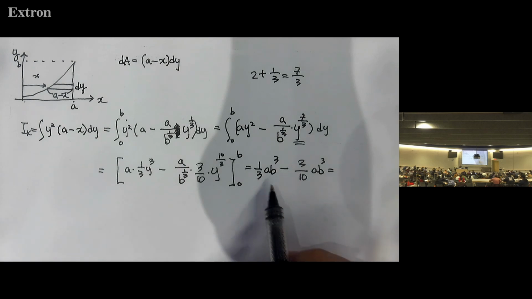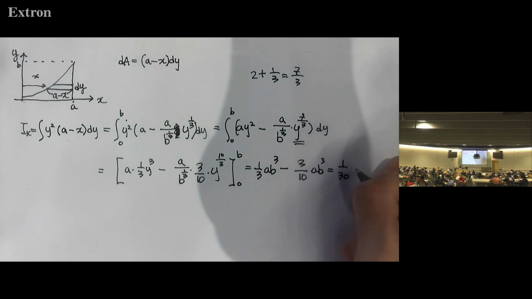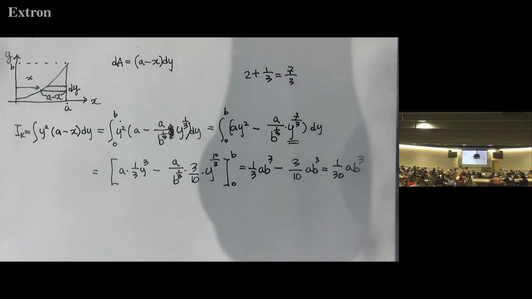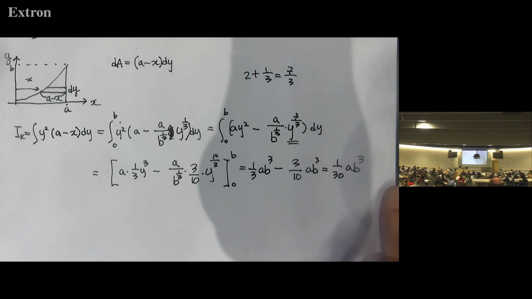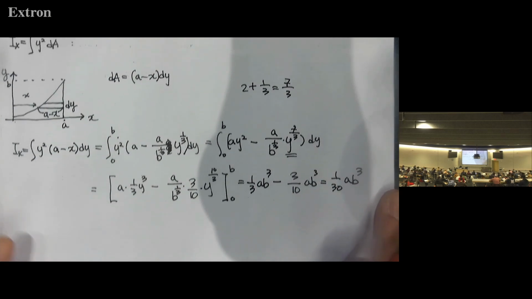Okay, so this is 1 over 3 minus 3 over 10, which is 1 over 30, a b cubed, right? Any questions?